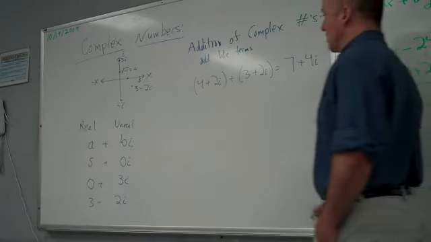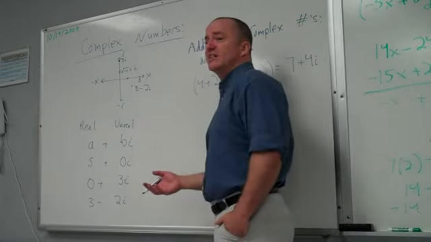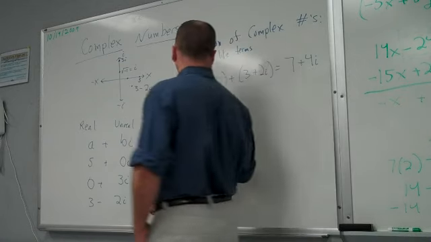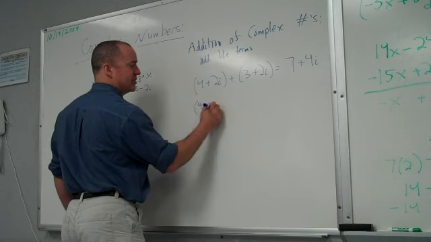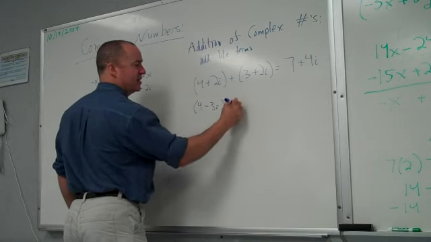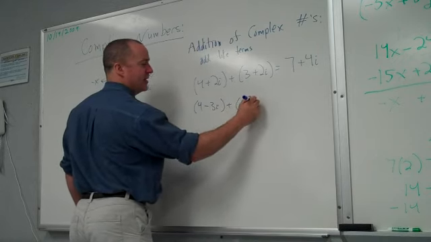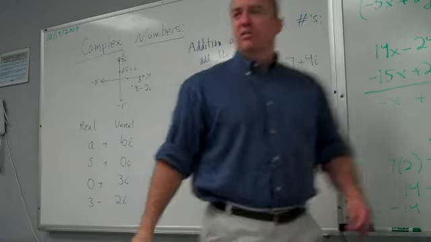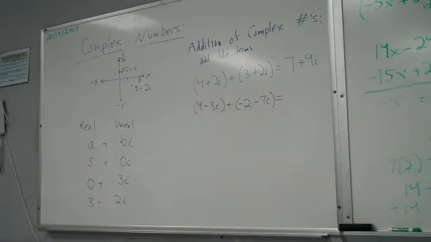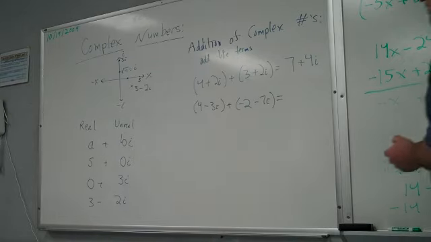No, it's pretty straightforward. Keep track of your negative signs, just like you always do with like terms. So that if I have 4 minus 3i plus negative 2 minus 7i. Why do you hate negative so much, Dean?